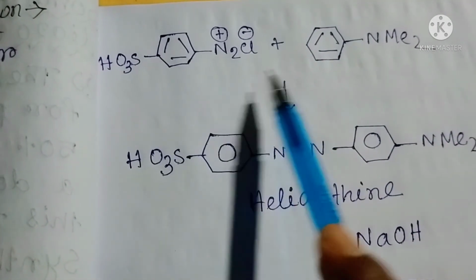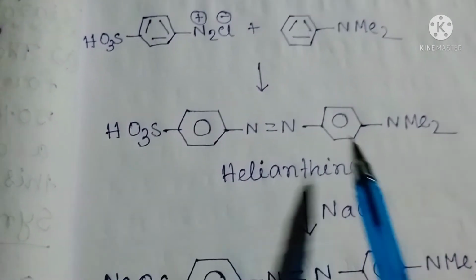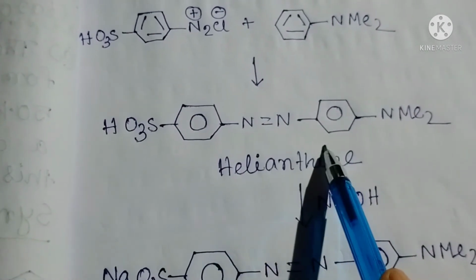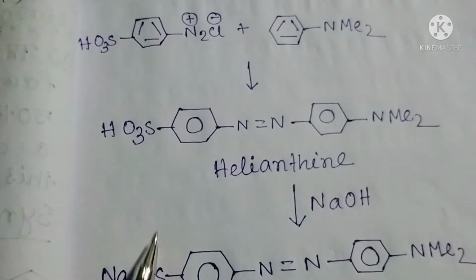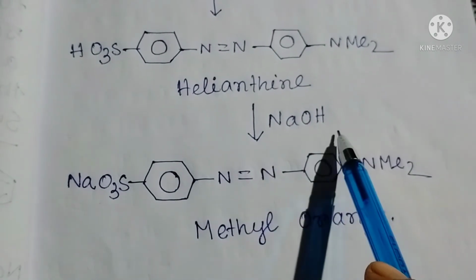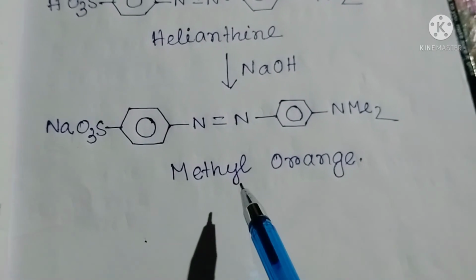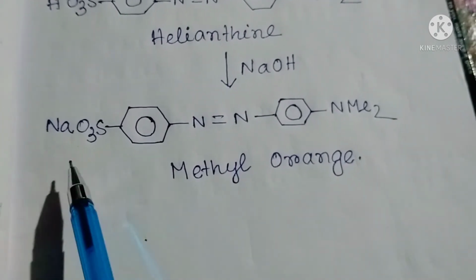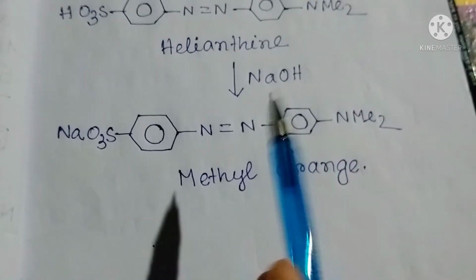Now they react, and after reaction they produce helianthine, and this is the structure of helianthine. Now when we treat this helianthine with sodium hydroxide, what we get? We get methyl orange, and this is the structure of methyl orange.